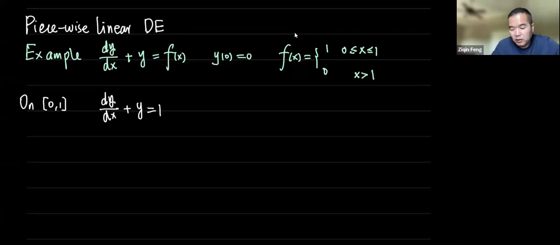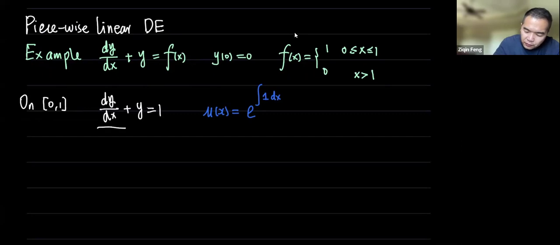Now we want to get our multiplying factor mu. So mu of x in this case is e to the power integration 1 dx. Just look at our standard form, you notice p of x is actually 1 and f of x is also equal to 1.